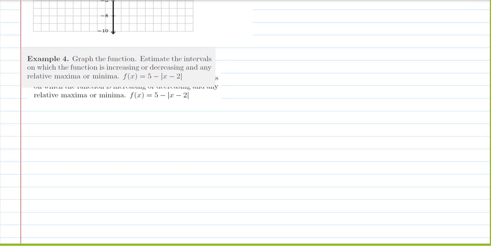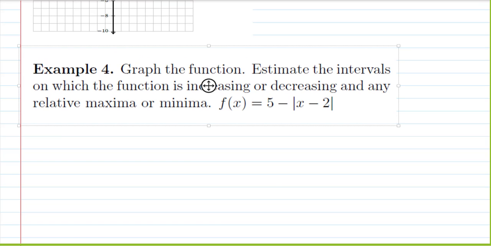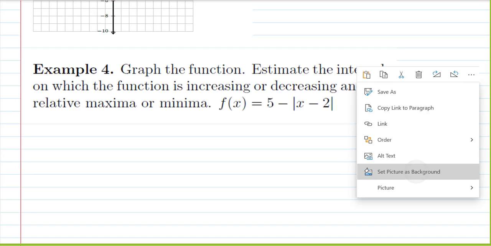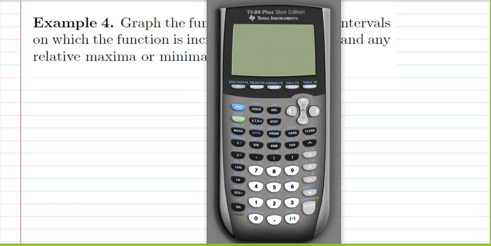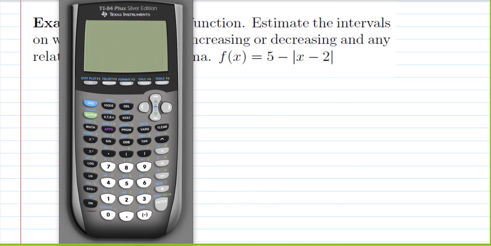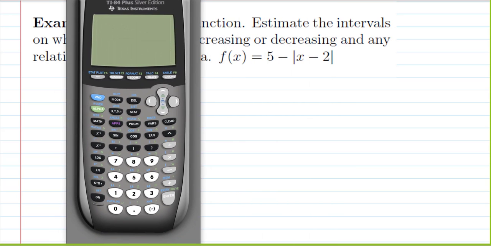So this one is graphing calculator food. So let's grab our graphing device and draw ourselves a picture. So we wish to graph our function. So we go to our y equals menu, and if we have anything in here, make sure we clear it out. And we want to graph 5 minus the absolute value of x minus 2.